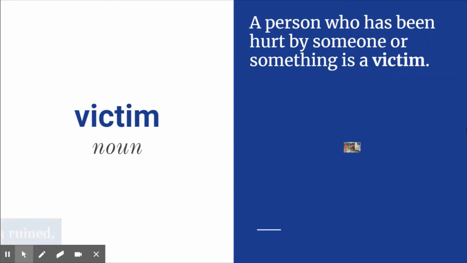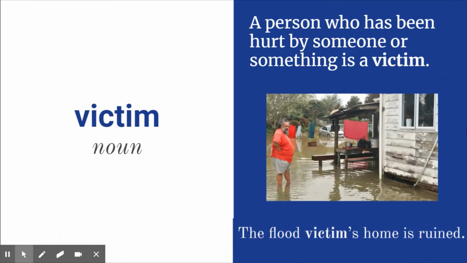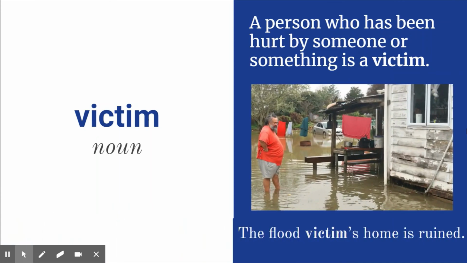Okay, and let's look at our illustration. Yeah, the flood victim's home is ruined. Poor guy, huh? We see this so often. Okay, so let's go ahead and read it one more time. The flood victim's home is ruined. Again, the flood victim's home is ruined.